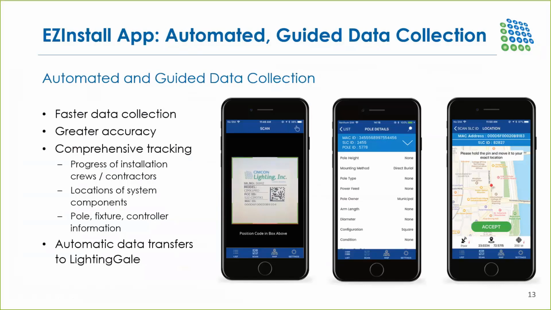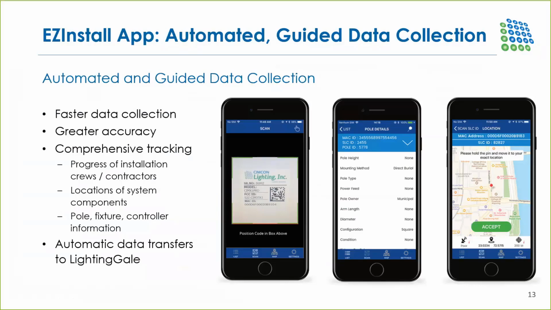So if you're working in an environment and you need to record different aspects of the pole number, what's attached to the pole, if there's a tree near the pole that could knock it over, all of these key indicators can be easily recorded at the pole.